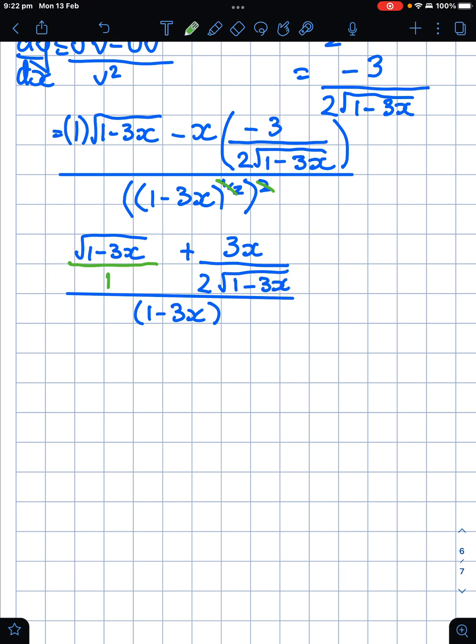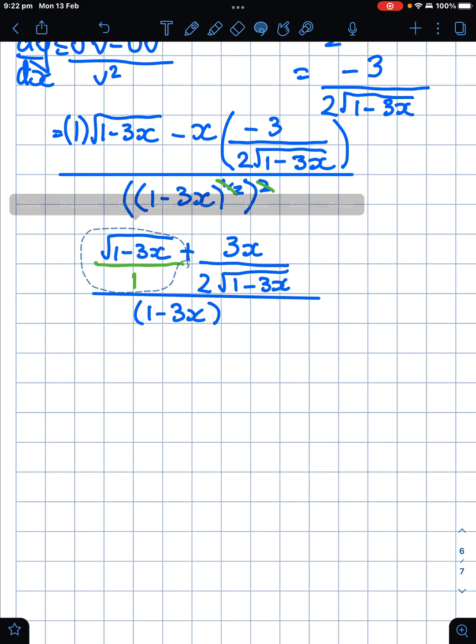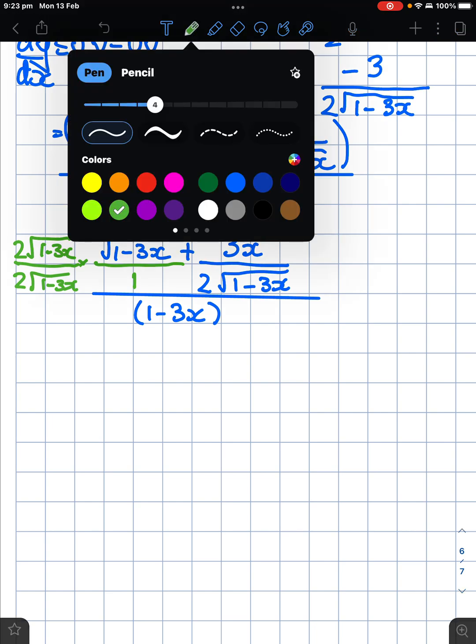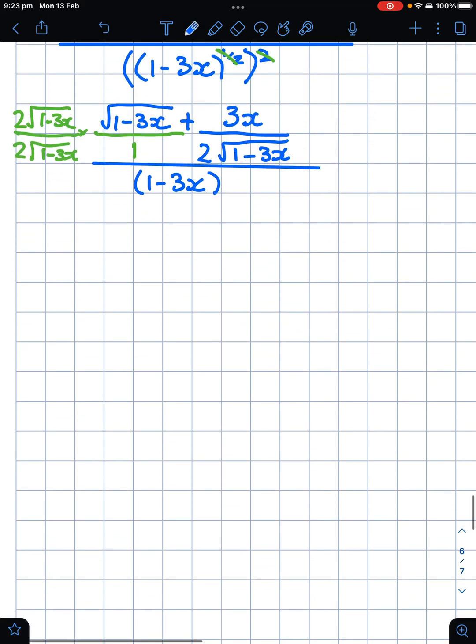So we're going to times this by 2 square root 1 minus 3x over 2 square root 1 minus 3x.